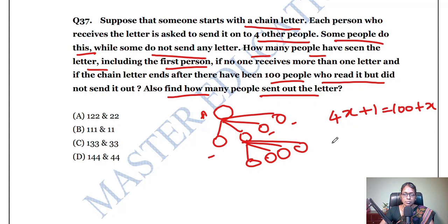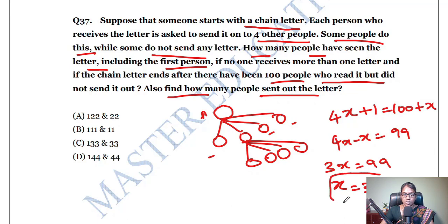If you subtract, 4x minus x equals 99, so 3x equals 99, x equals 33. Total number of people will be 100 plus 33, so 133 is the answer. So option C. Totally 133 people read it but did not send it out. Also, the number of people who sent out the letters to 4 people is 33.